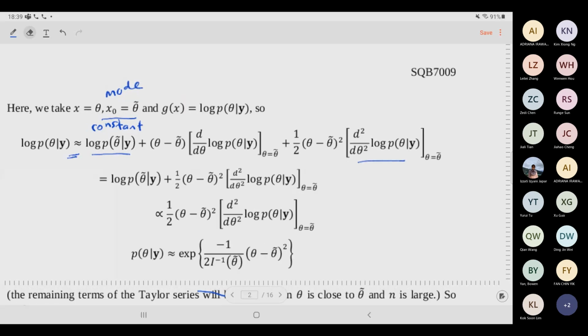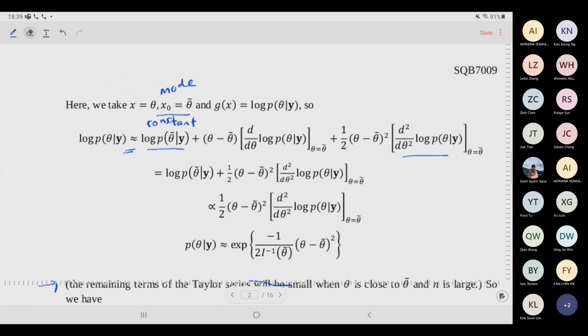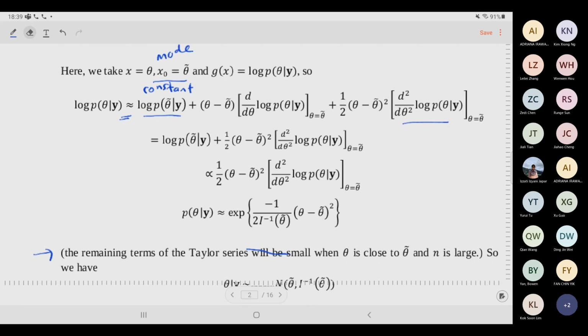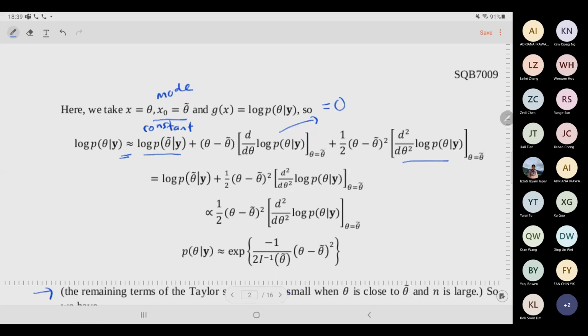So if you simplify, this first derivative term will be equal to 0, because theta tilde is your mode. We assume the mode is the highest point.